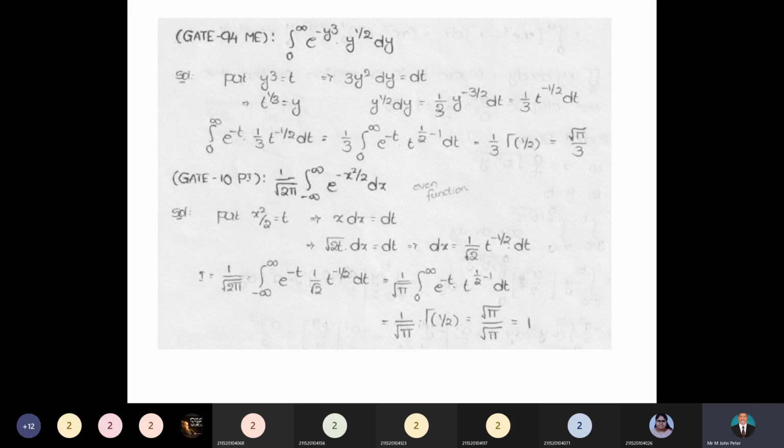The remaining y power 3 by 2 cross multiplies, it comes to the denominator, and taking it to the numerator it becomes y power minus 3 by 2. So dy y power 1 by 2 equals 1 by 3 times y power minus 3 by 2 dt. Okay. So in that replace y by t.